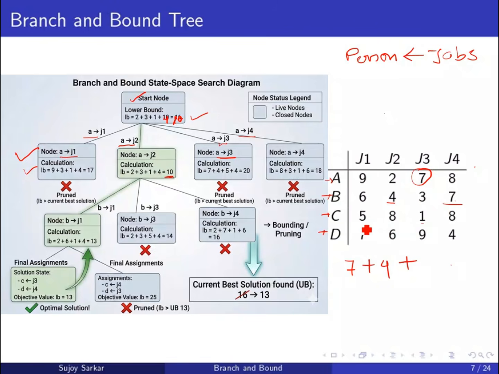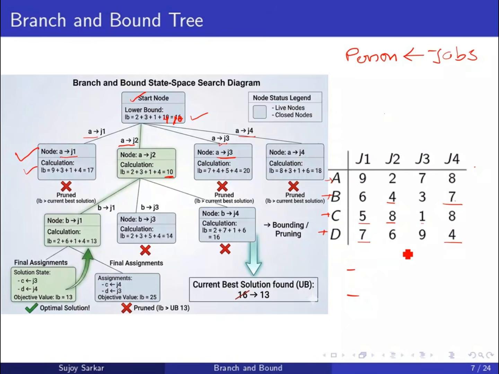C, minimum of 5, 8 and 8. We cannot take 1 because job 3 is already assigned. So out of this, minimum is 5. D, 7, 6, 4. Minimum is 4. So total will be 20. Right. So next node minimum is 20.